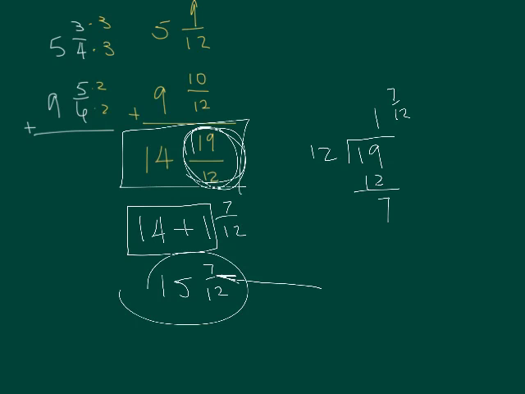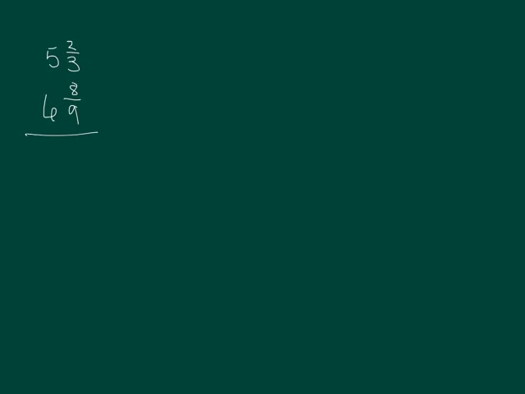We'll do another one just to make sure you've got that. This is example 3. Again, we're going to ignore the 5 and the 6, and just look at the 2/3 and the 8/9. We're looking for common denominators so we can add those.